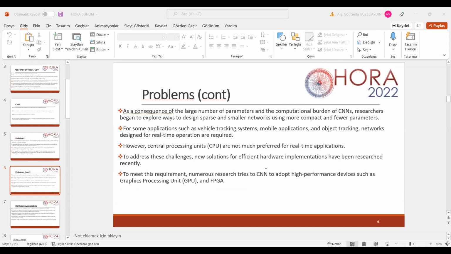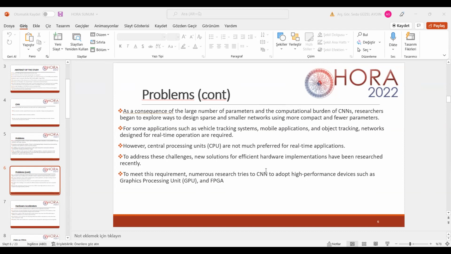As a consequence of the large number of parameters and computational burden of CNNs, research began to explore ways to design sparse and smaller networks using more compact and fewer parameters. But for some applications, such as visual tracking systems, mobile applications, and object tracking, networks designed for real-time operations are required.